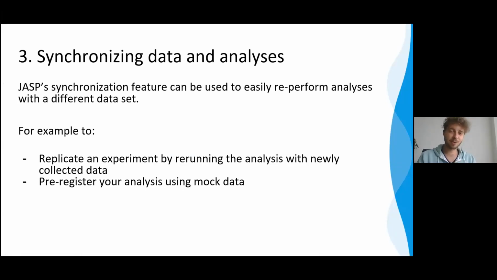Examples for where you can use this are, for example, to replicate an experiment by rerunning the same analysis as a researcher with newly collected data, or pre-registering your analysis using a mock data set. I will go over these examples in a bit.